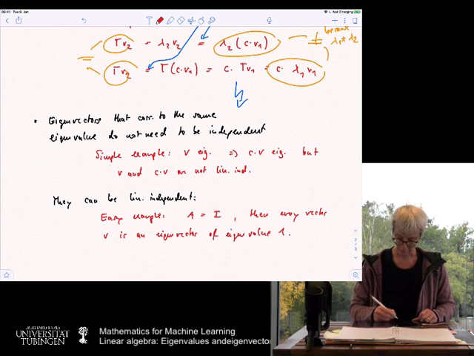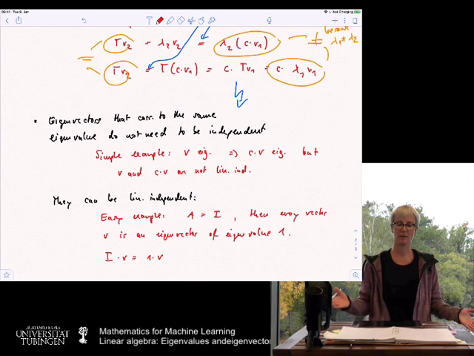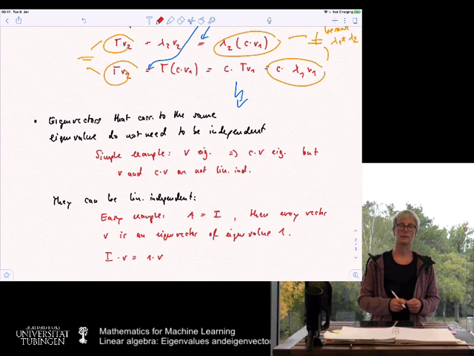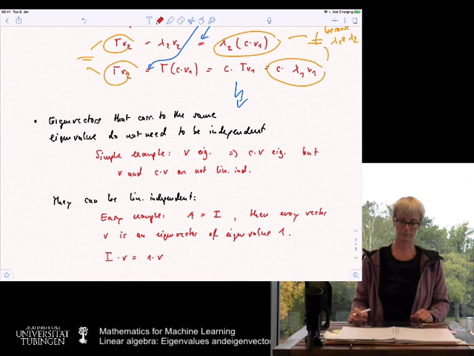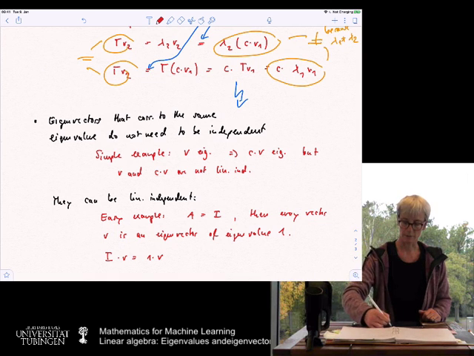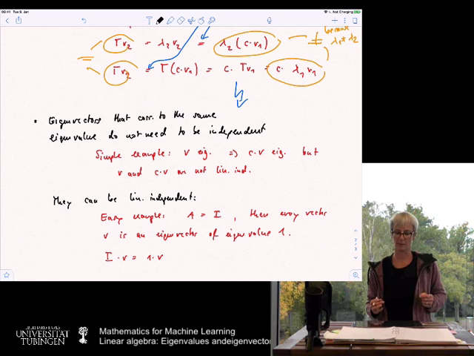Because identity times the vector is 1 times the vector, so it's an eigenvalue 1, and this holds for every vector. So in particular, if we have independent vectors, it could also hold. Okay? So once things have the same eigenvalue, you can't make any statement.